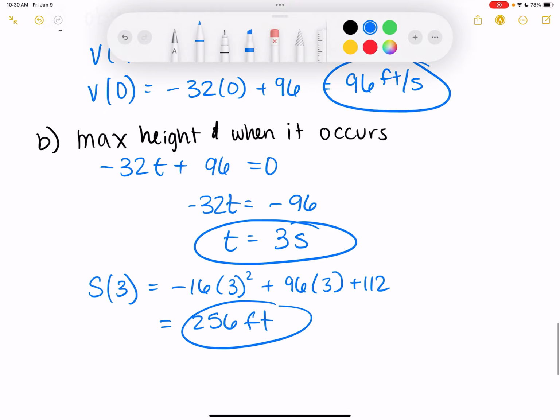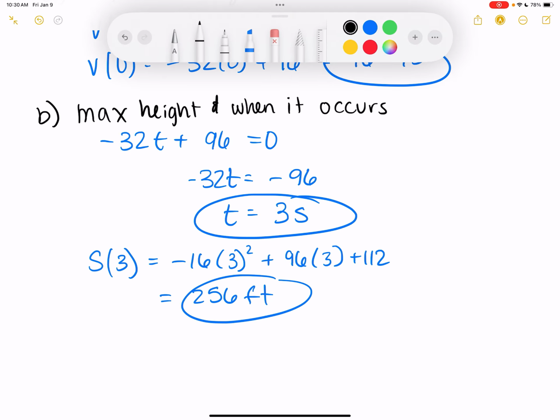And then part C, the last part of this one, says to find its velocity when S is equal to 0. So basically when the position is 0, we're going to solve for t, and then plug those times into our velocity equation.